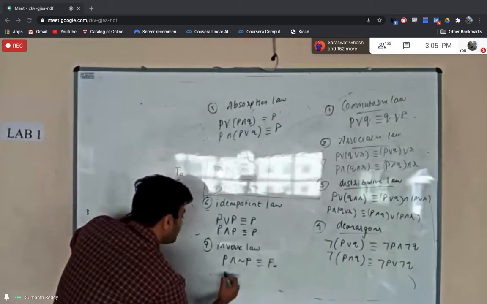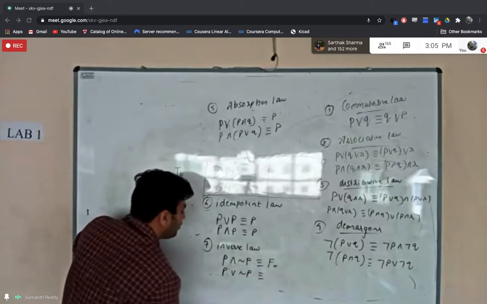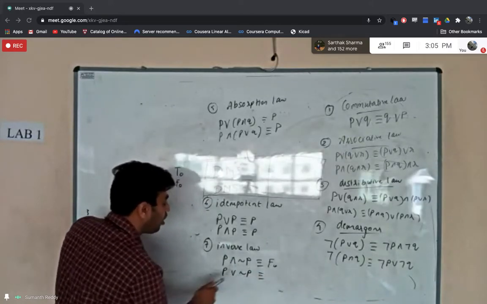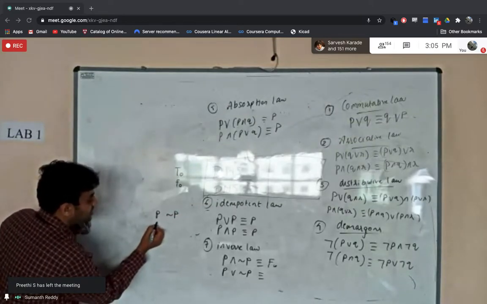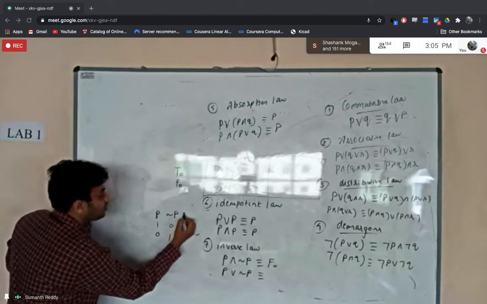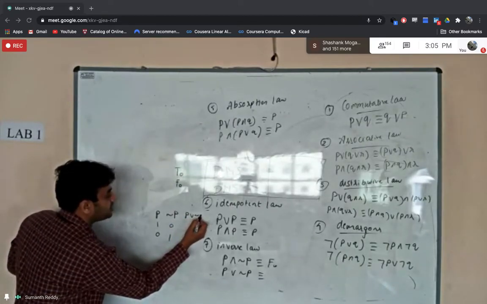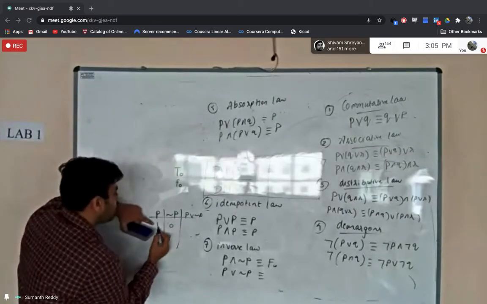Similarly, P or negation of P. When you perform the disjunction with its opposite, let us see. I have P and I have negation of P. Suppose P takes 1 and 0 as the values, its negation will be 0 and 1. What will I get if I perform the disjunction between a proposition and its negation? 1 or 0.